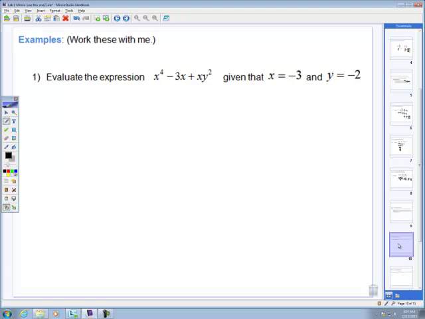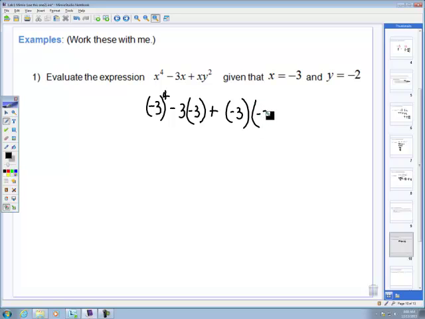X to the fourth power would give us negative 3 raised to the fourth power minus 3 times negative 3 plus negative 3 times y squared. Remember, y is negative 2.